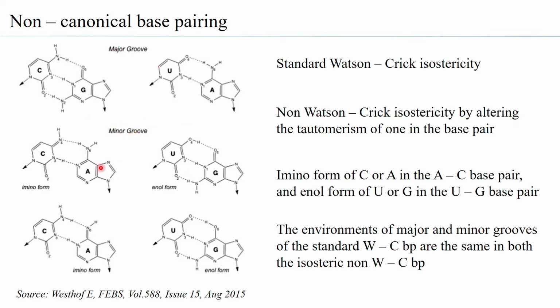And when you have isostericity between the non-canonical base pairs, they also contribute similarly to the major groove and the minor groove formation. So effectively, if the non-Watson and Crick base pairs show isostericity, then they would have very similar minor and major groove formations. The environments of the major and the minor grooves of the standard Watson and Crick base pair are the same in the isosteric non-Watson and Crick base pair as well.